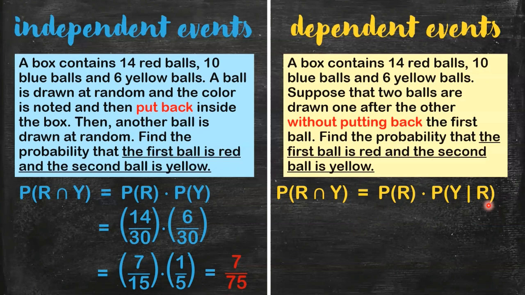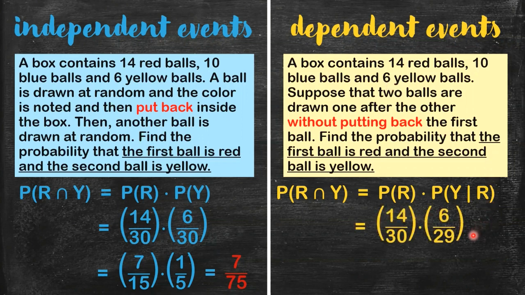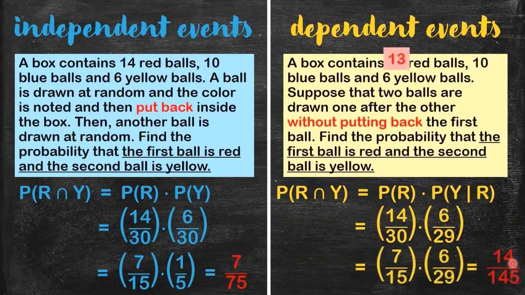Hindi siya binalik. Okay? So, all you have to do is to count the number of yellow balls. Ilan ba ang yellow balls? 6. Okay? Over the total number of balls in the box. Ilan ba yung balls na nasa box? It's now 29. Kasi hindi na binalik yung first ball na red. Alright? So that's why we have this. Okay? So simplifying, you will get 14 over 145. Okay, let's have more examples here.